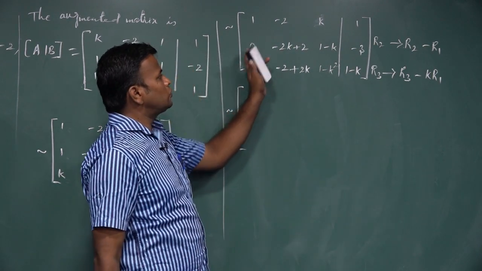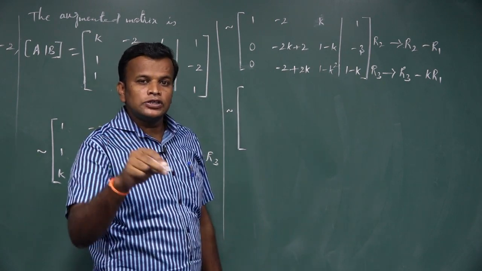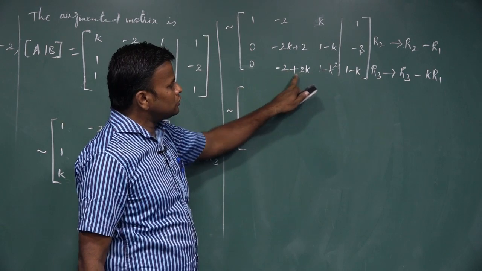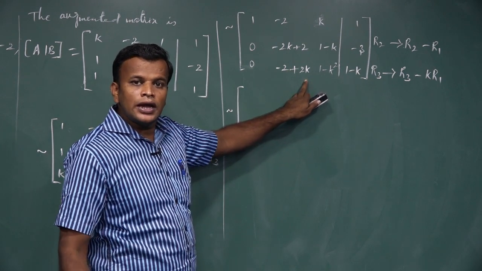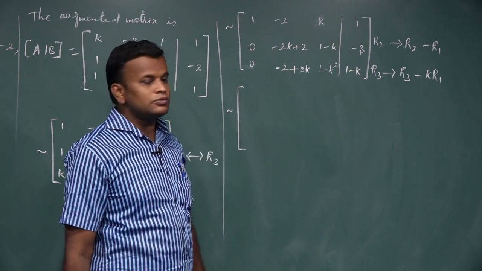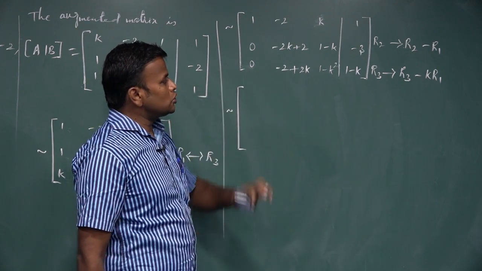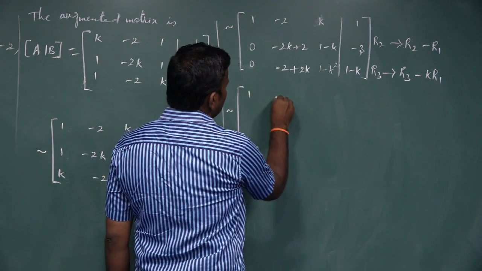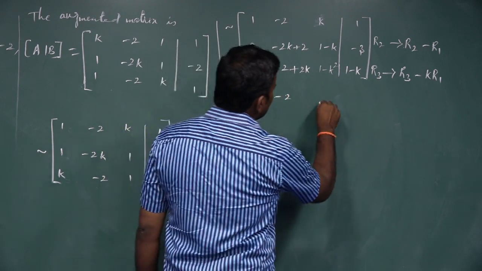Okay. So these two elements become 0. Our next motive is to convert this element also to 0, because we need an echelon form. Now you see the rows. Do you have any idea? It's an easy one. I don't change the first two rows.